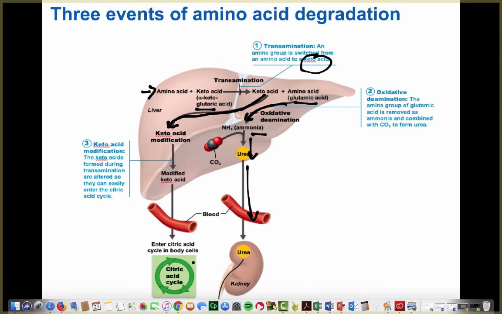And the keto acid that becomes modified, this is the third one, right? It's going to basically turn into a metabolite that can easily enter the citric acid cycle.